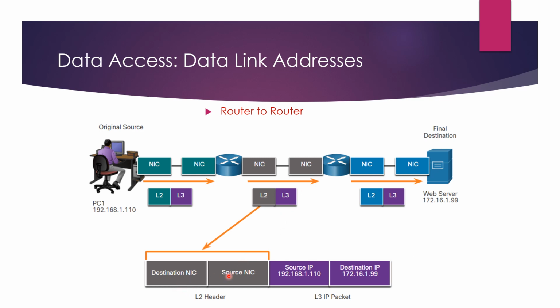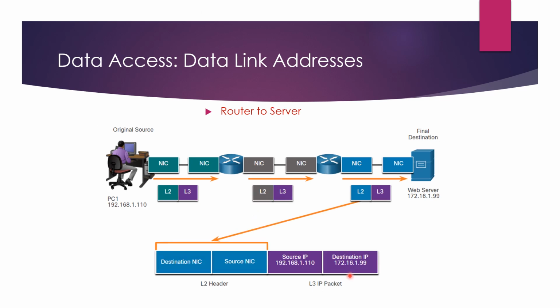So as you can see, the MAC addresses will change because they will have the MAC addresses of the directly connected devices. And when finally the frame reaches the network of the final destination, you will see that the source IP address and the destination IP address will still be the same, but what will change is the MAC address.